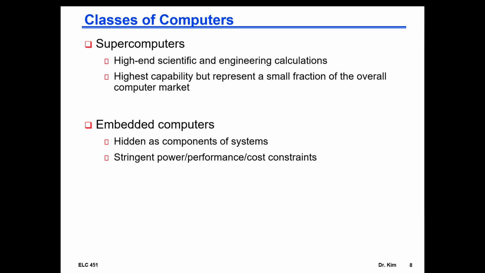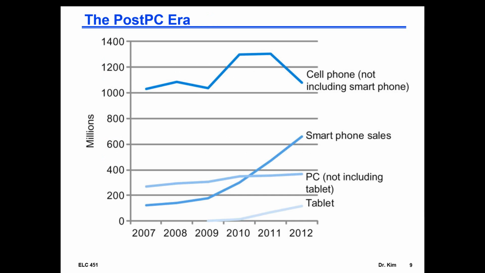So we're going to be talking about the fundamentals of how to architect chips that can serve the building and the coming about of any of these types of computers.